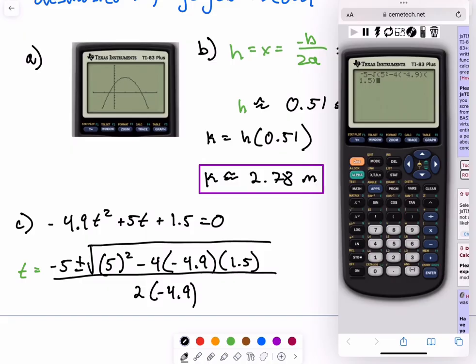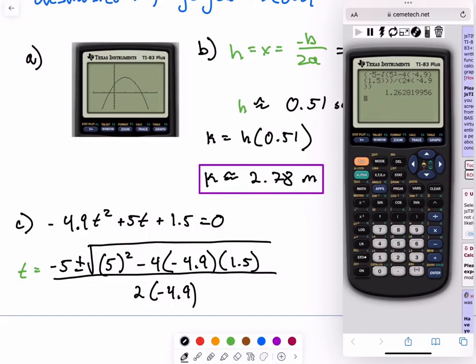I'm going to close off my square root. I think I need another parentheses right here, because we want the whole numerator divided by the whole denominator, 2 times negative 4.9. Okay. So we might get a negative result here.